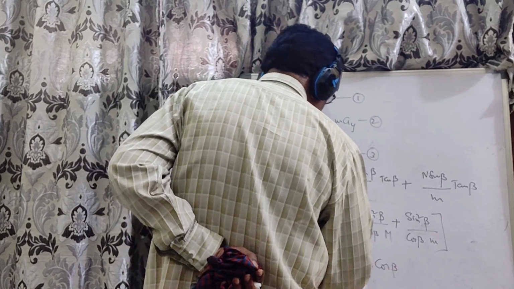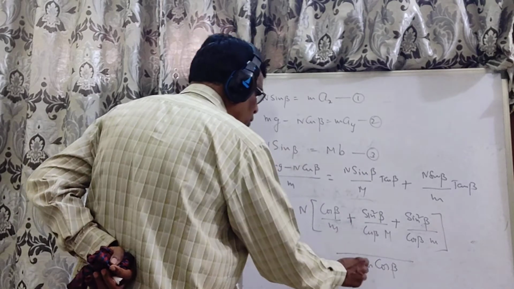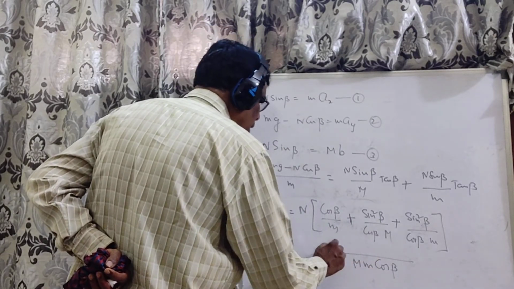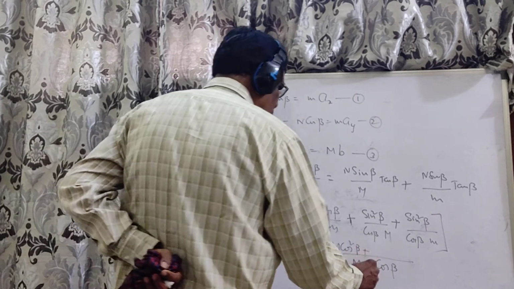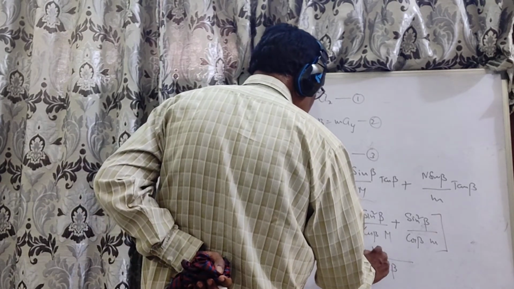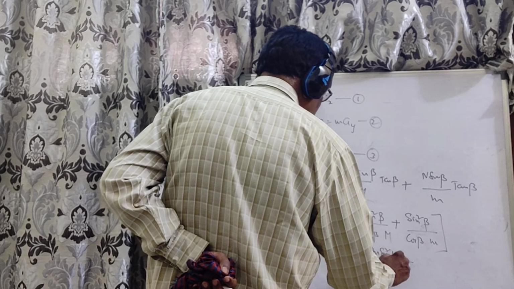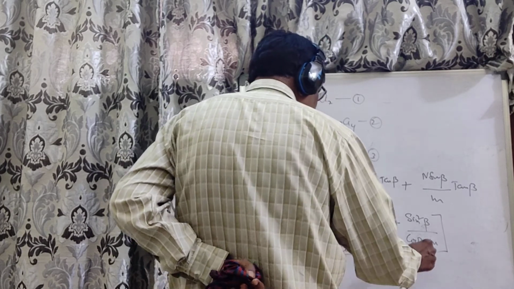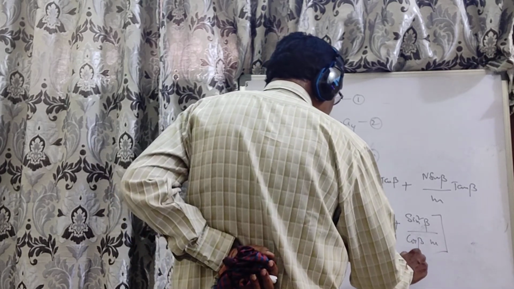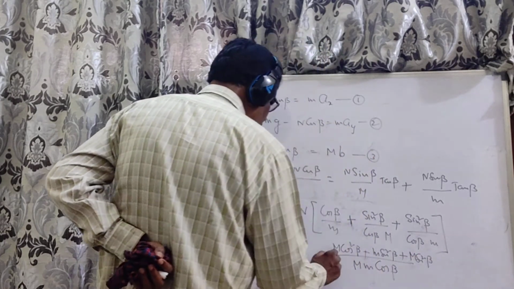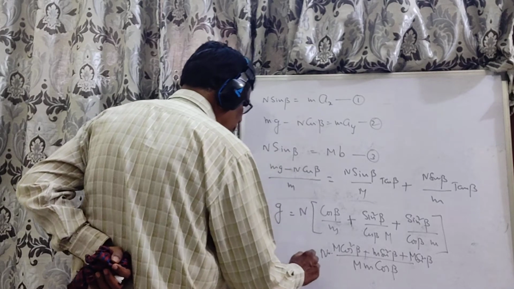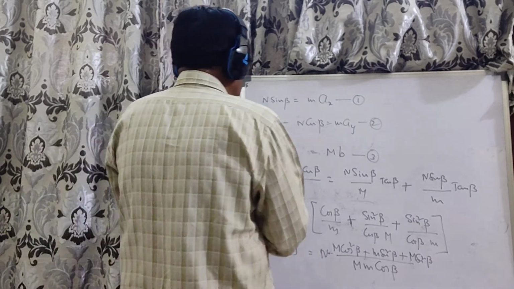Cos beta is the LCM. So you get m cos beta into cos beta, now this is m sin square beta plus capital M sin square beta, all this multiplied is equal to g.